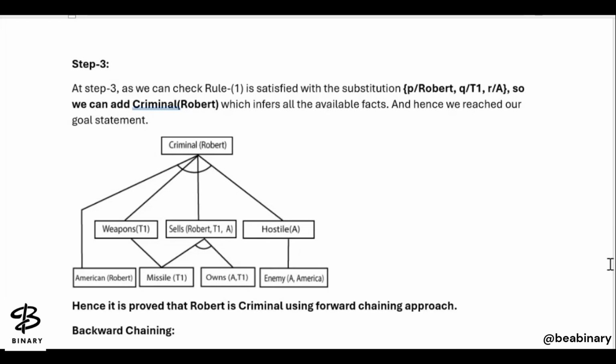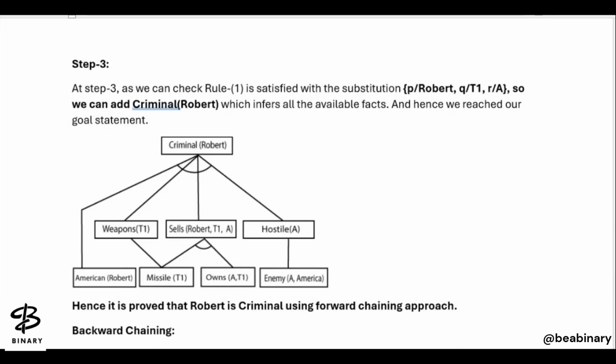In backward chaining, we start from the goal and work backward through the inference rules to find the required facts that support that goal. For example, in backward chaining, first we see in the root node that Robert is a criminal. How can we say that Robert is a criminal? The AI or the inference engine will search for facts to support the goal.